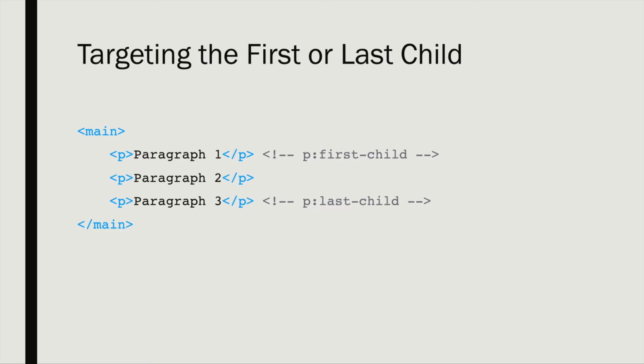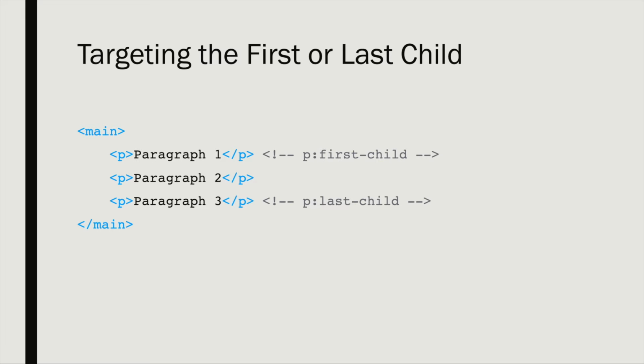And to select the first or last child inside of the element, you can say main and then p colon first dash child, which basically does the exact same thing as an adjacent sibling. However, in case you don't want to use the adjacent sibling system for some odd reason, you can select first child, which 90% of the time selects the correct one.